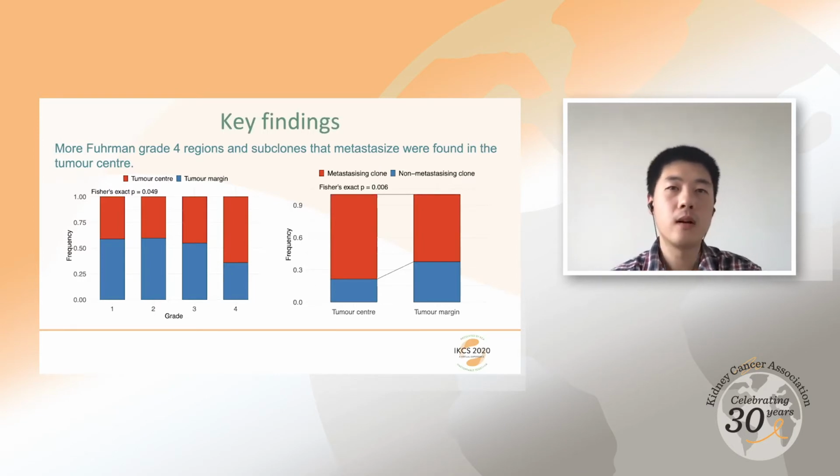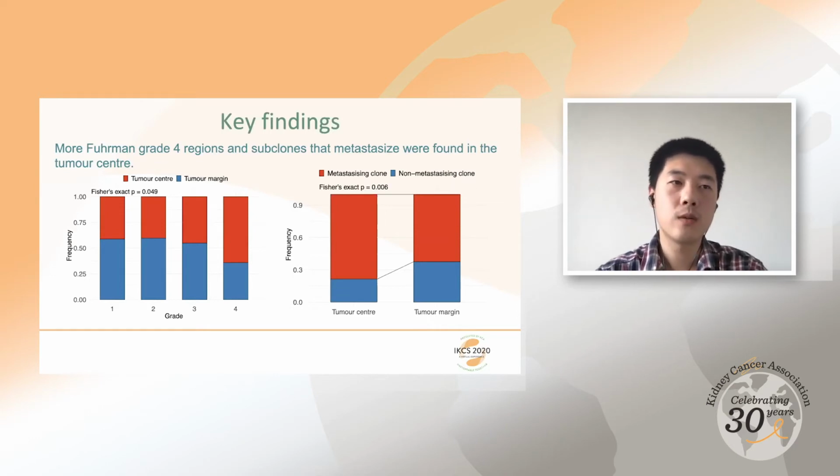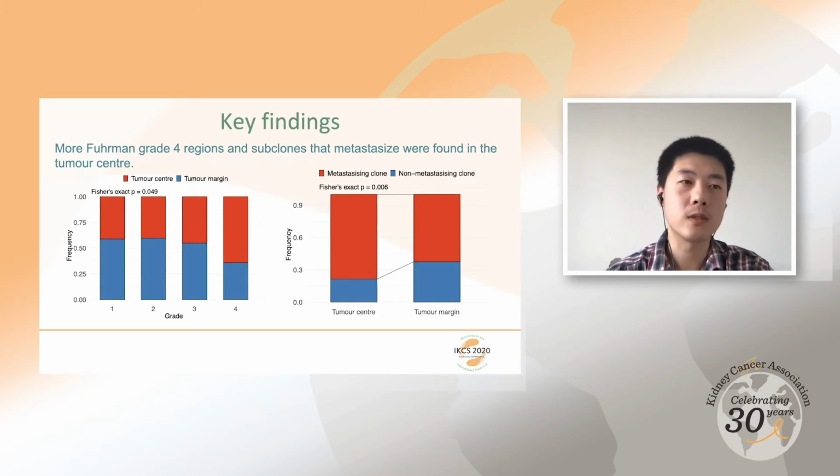So taken together, our data suggests that central regions of clear cell renal cell carcinoma have more aggressive behaviors, which could be due to the harsh environment which cells in the tumor center face, such as hypoxia caused by inadequate blood supply and necrosis associated with ischemia, either as a chronic process resulting in gradual tissue damage or as an acute event such as infarction related to arterial or venous thrombosis, which will in turn shape the nature of tumor evolution.